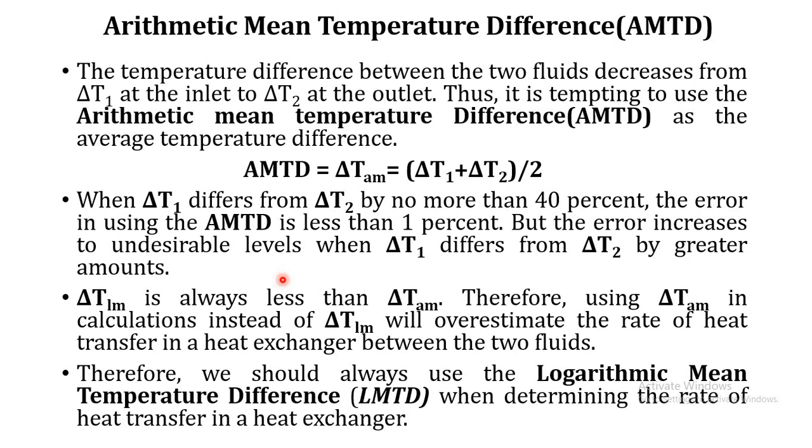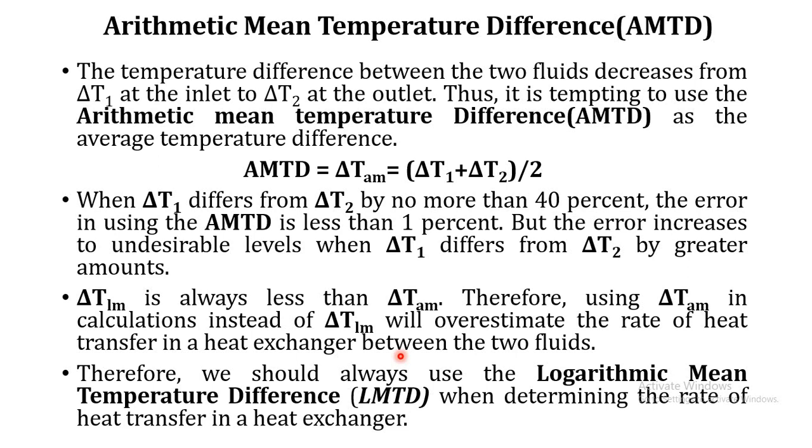Also, you can see that ΔT_LM, the logarithmic mean temperature difference, is always less than the arithmetic mean temperature difference. Therefore, using ΔT_AM in calculations instead of ΔT_LM will overestimate the rate of heat transfer in a heat exchanger between the two fluids.